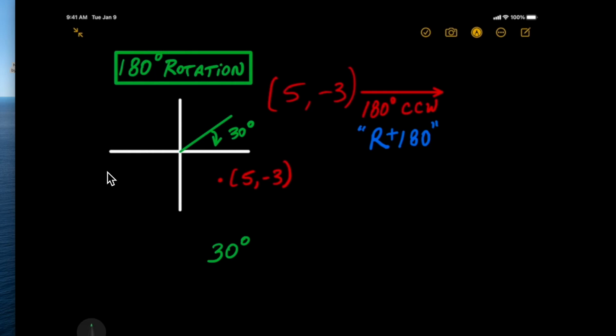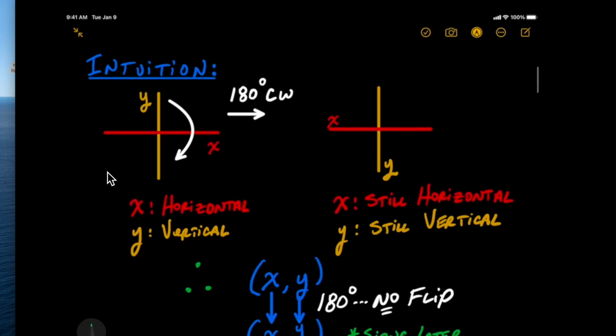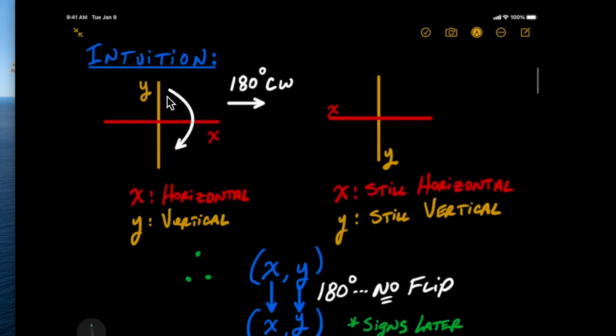So let's look at the intuition of a 180-degree rotation, and we're going to use clockwise for this example. If we had the initial axes with y on the vertical and x on the horizontal, and we rotate these axes 180 degrees, you can see the x is going to end up here, and the y is going to end up here, which is depicted on the right.